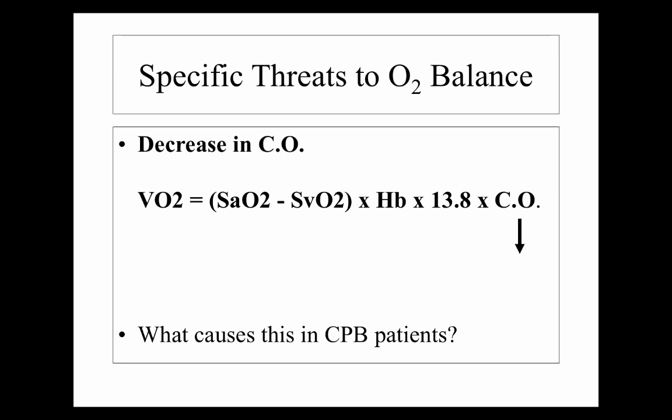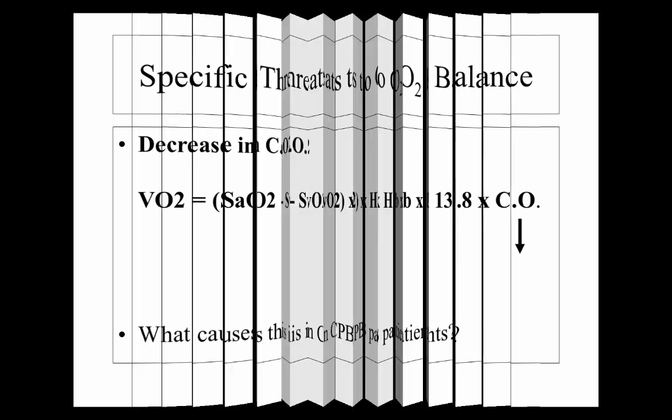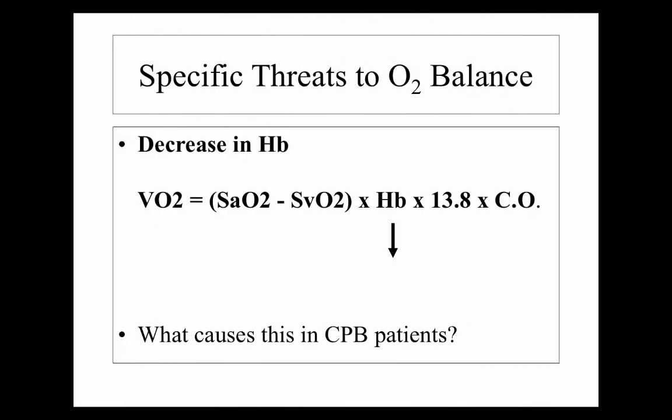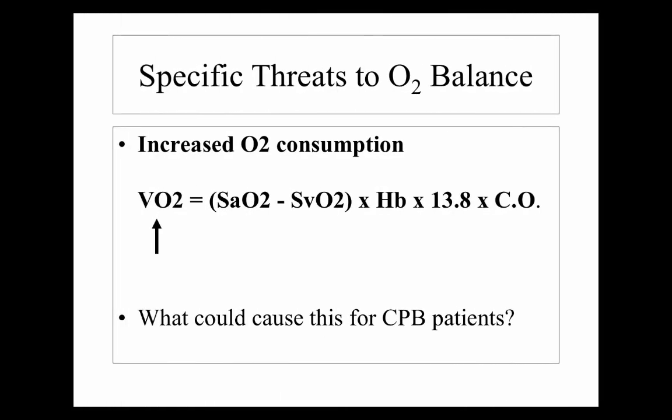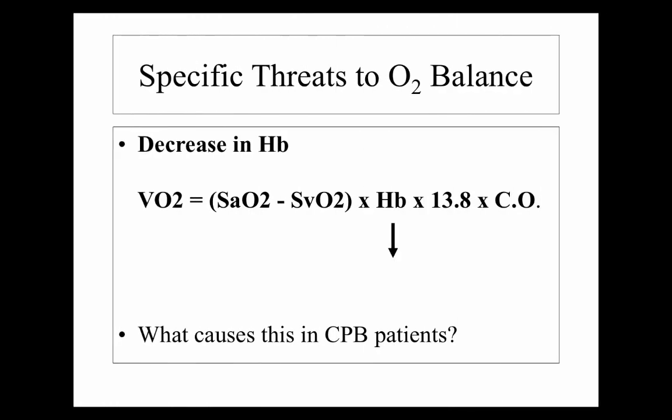Take some notes to bring to class, and we're going to continue to brainstorm each one of these specific threats: an increase in oxygen consumption, a decrease in hemoglobin, a decrease in oxygen saturation of our arterial line on bypass, and a decrease in cardiac output during bypass.